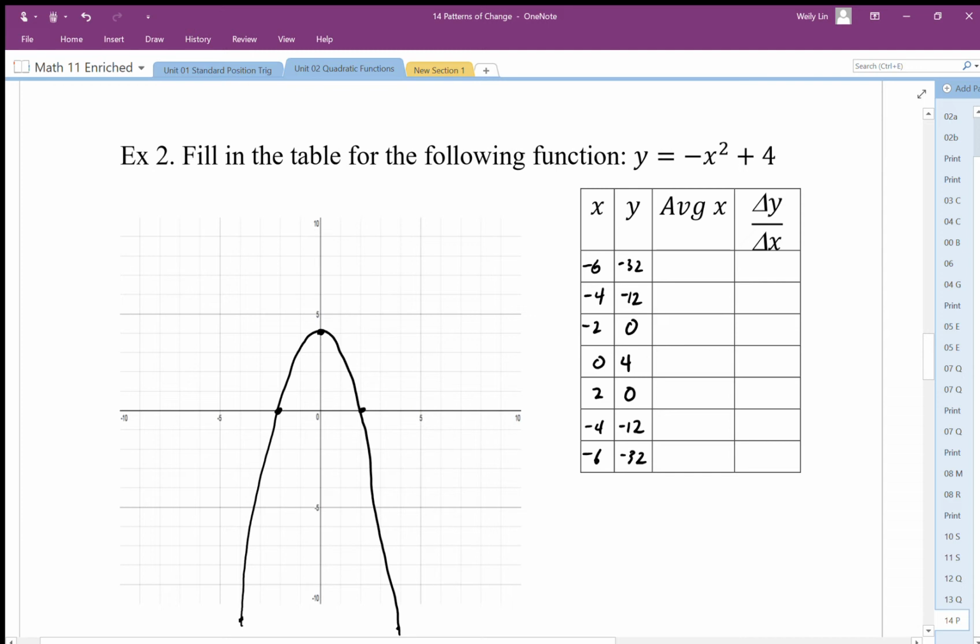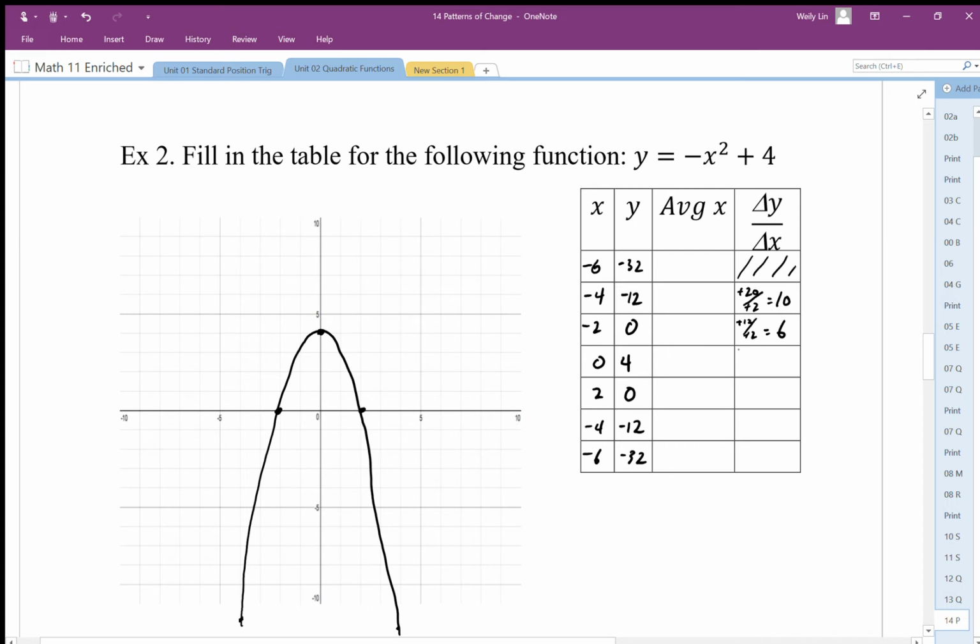So our rate of change between the first 2 points is going to be plus 20 over plus 2. So our rate of change is plus 10. From here to here, our rate of change is going to be plus 12 over plus 2, so positive 6.